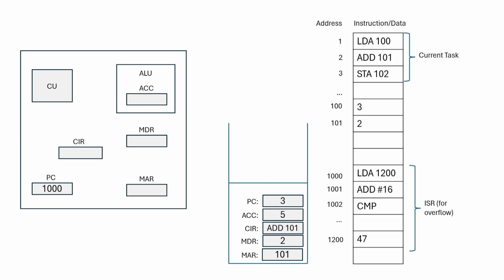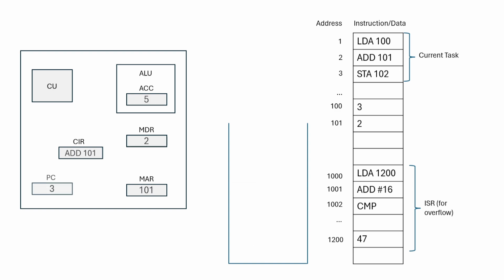When that is finished, we then need to load all the data back that we originally had, remove it from memory and put it back into the immediate access store and the program counter. And so we're now ready to start the existing task that was there.